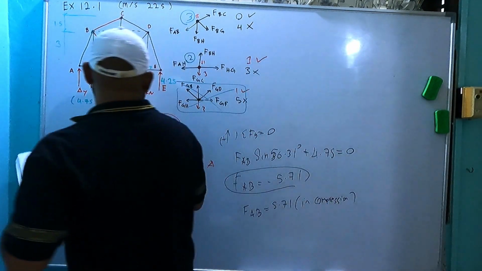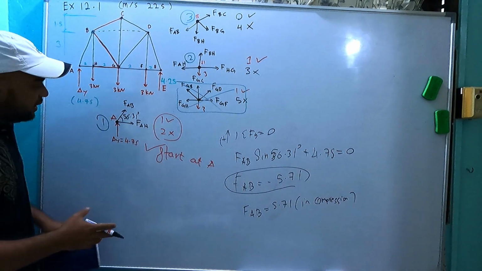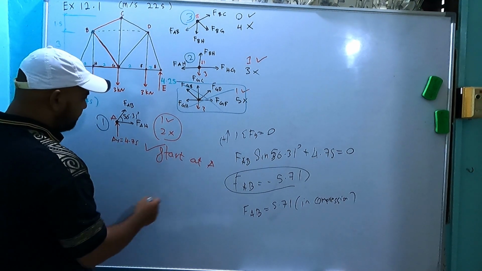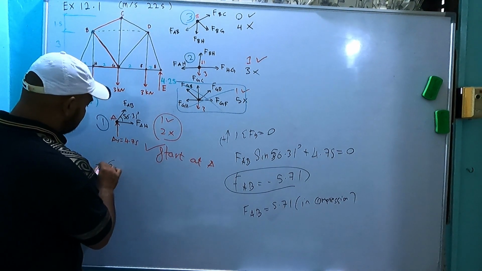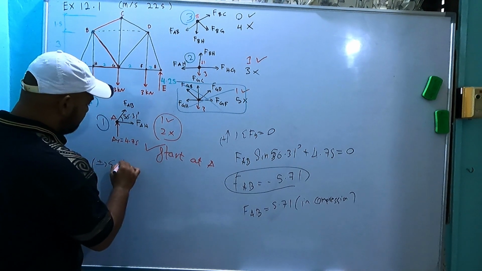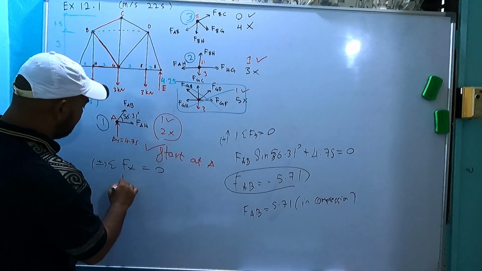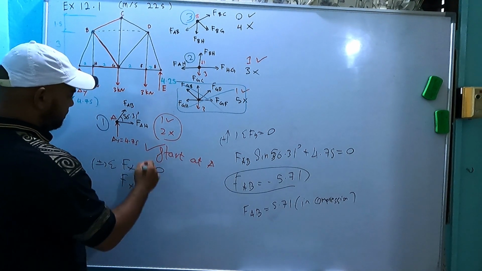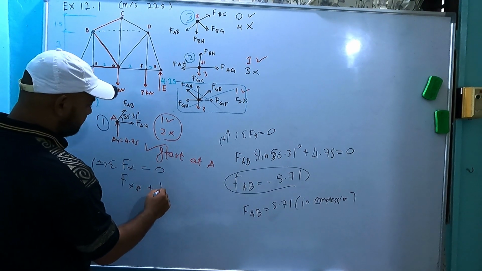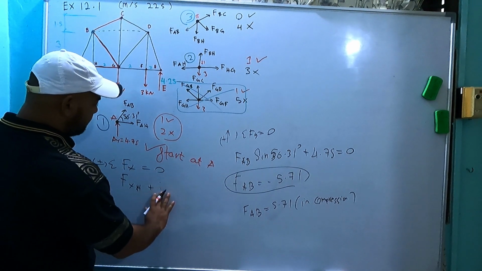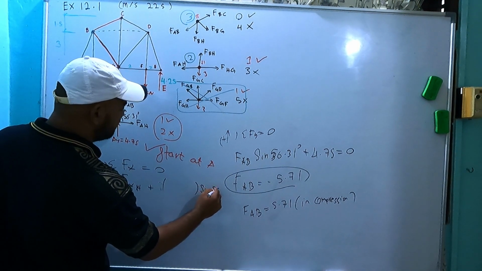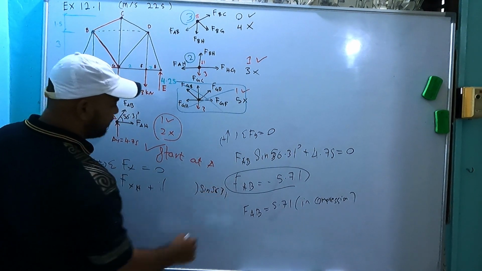Okay, so go. And then we go to the second point, which is still the same point. Sigma fx, positive, fx equal to 0, so you have FAH plus FAB sine 56.31.